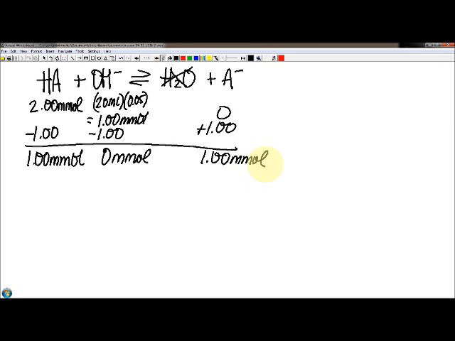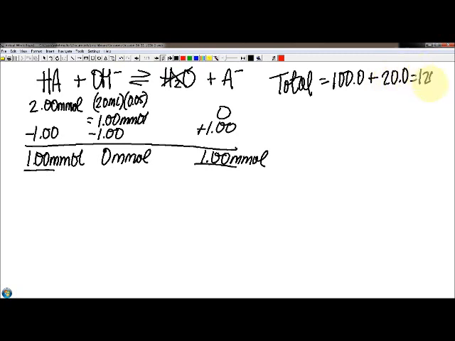Before we can go further, we need to convert this to molarity again. So we need to divide by the total volume of the solution, which is 100 milliliters of water plus 20 milliliters of the base.